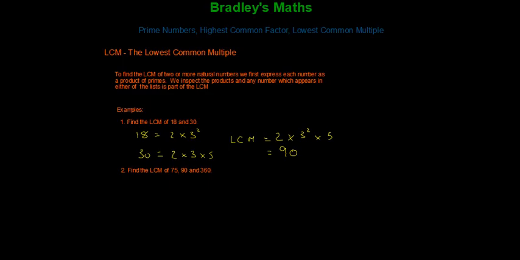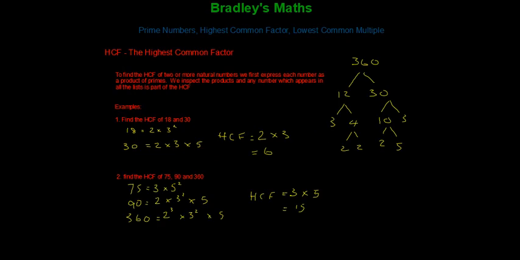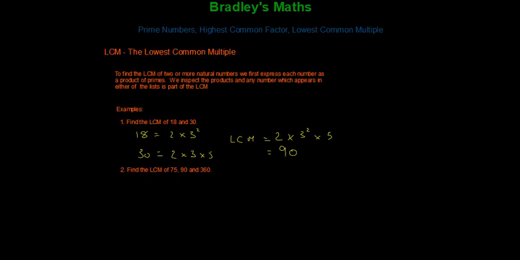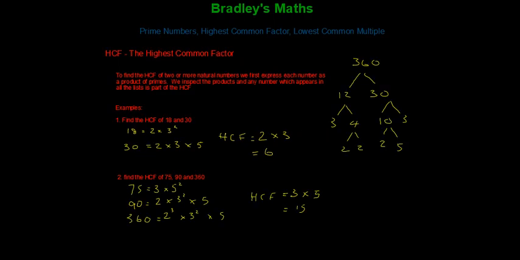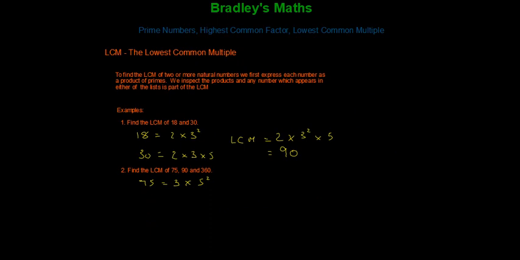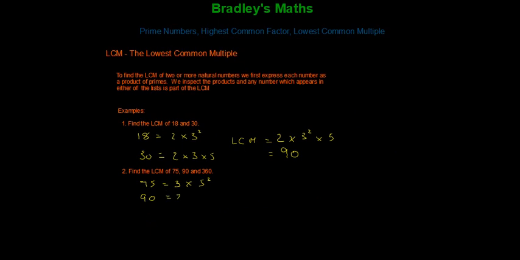So the LCM of 75, 90, and 360. I hope you'll excuse me if I keep jumping back to look at what they were. 75 equals 3 times 5 squared. 90 is 2 times 3 squared times 5.